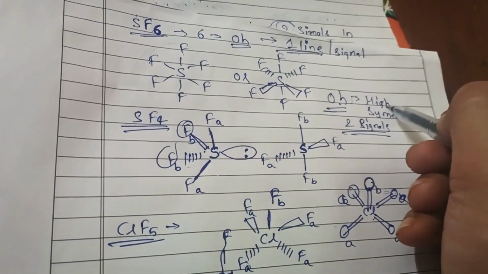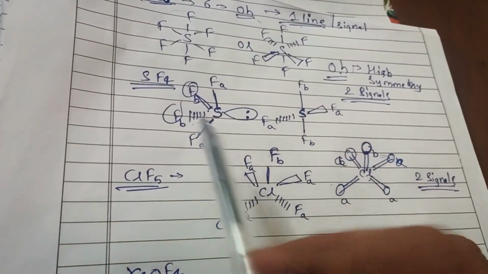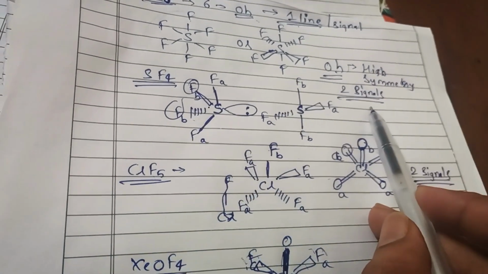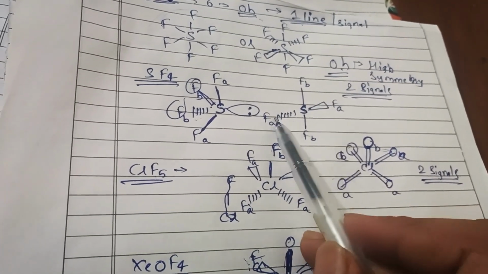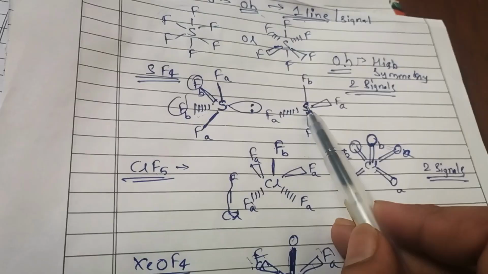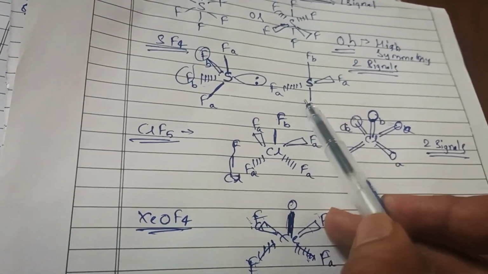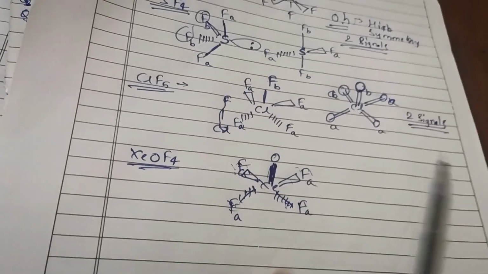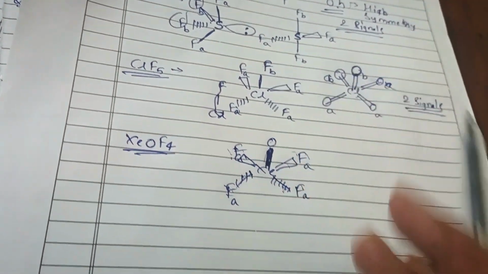It is having high symmetry, hence it will always give only one signal, and SF4 will give two signals, since some are in front and some at the back. These two will give one signal and these two will give one signal. Here also these 4 will give one signal and the one on top will give one signal.